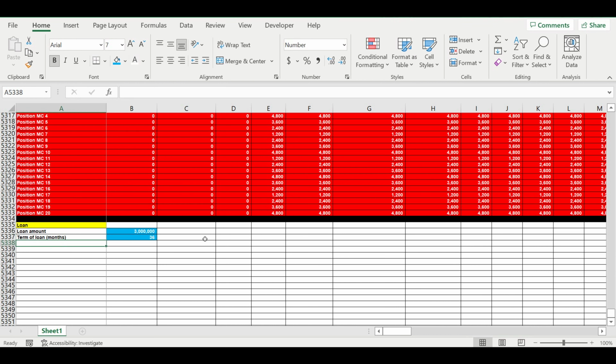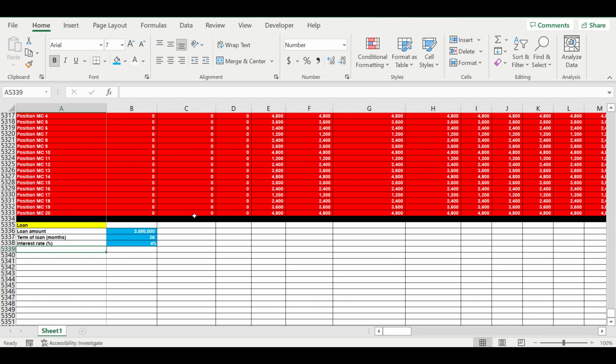Then we specify the interest rate, the cost of this money. This will be in percentage format, let it be, for example, a 4% loan. So this is also the input.